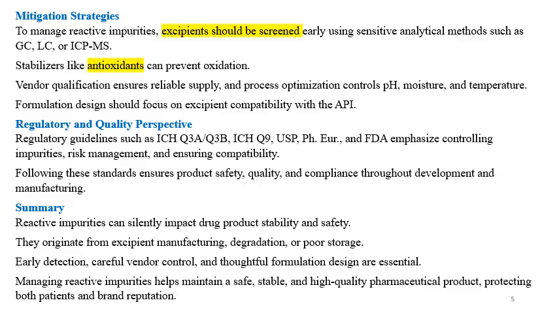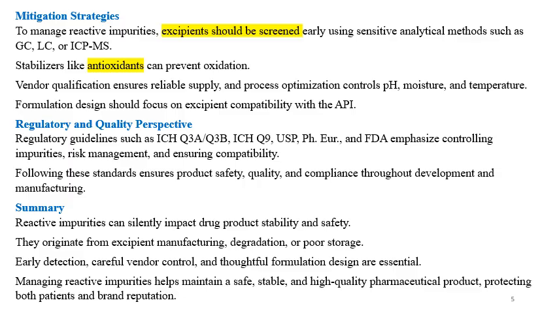The first thing we should know is regarding the reactive impurities in the excipients, and we should have the understanding that these reactive impurities can react with the API and there may be formation of the impurities, so that you can use this understanding to improve your formulation and to reduce the formation of the impurities.